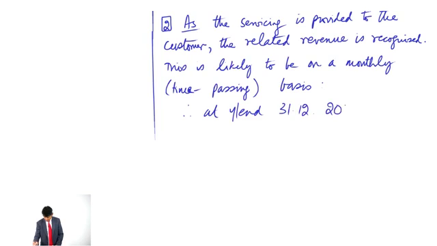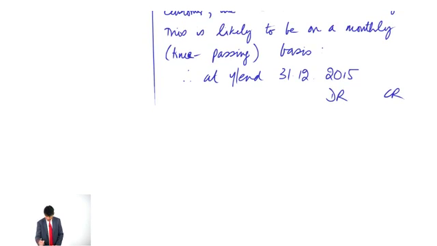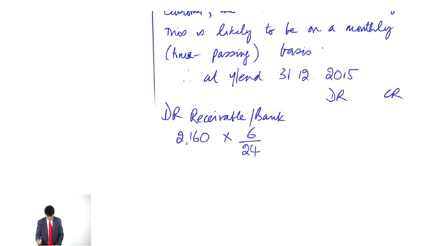And so, therefore, at the year end, 31st December 2015, if you want to finish off some debits and credits with me, begin to debit once more receivable or bank with 2160 times 6 divided by 24, because it's a mid-year sale, you see. And that's the total duration of the agreement.